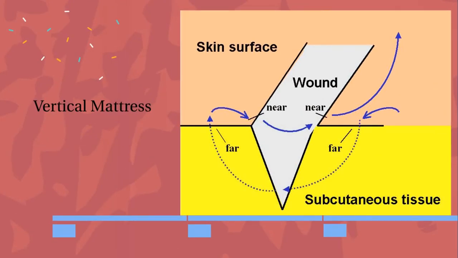Well, in case of vertical mattress, which is used for deep wounds, we have 4 points also, but in another manner. For example, we do a deep cut with the needle. This is the first point to the second point, deep and far from the edge of the wound.